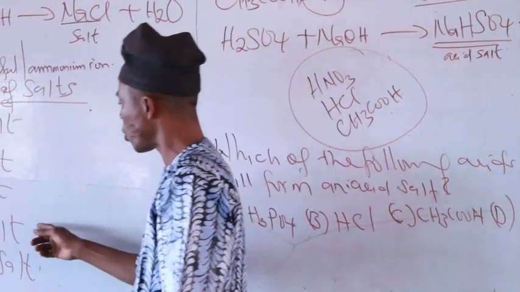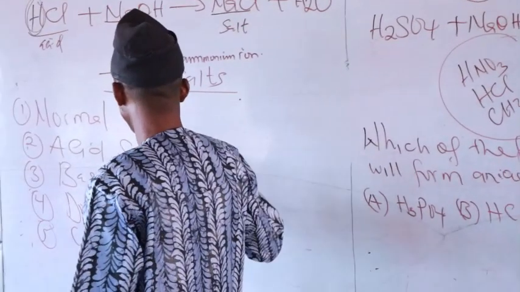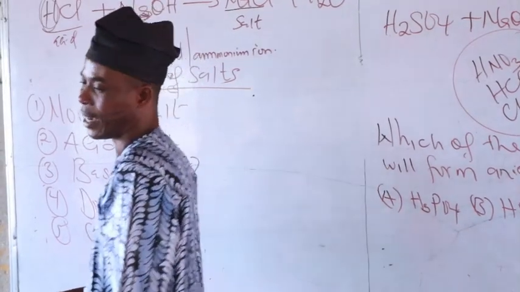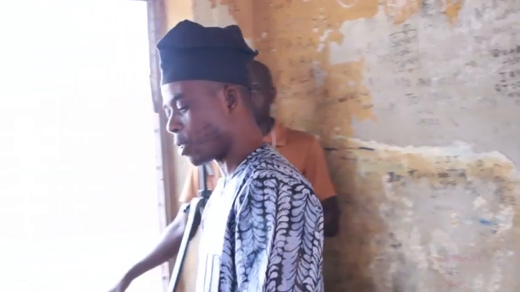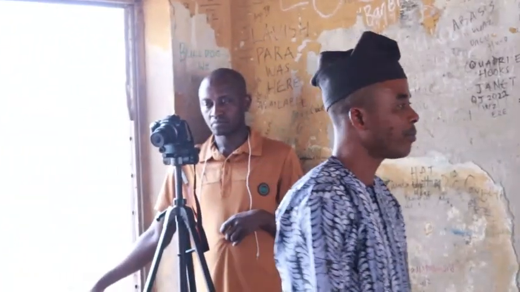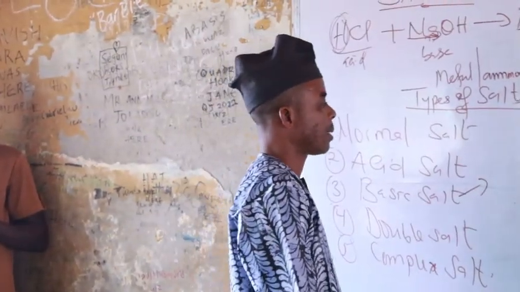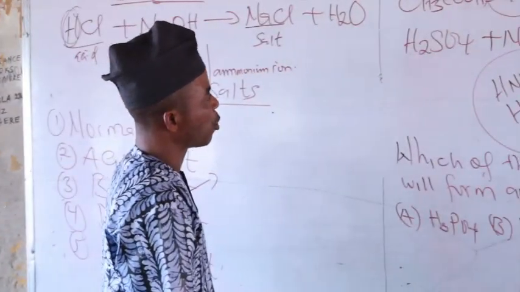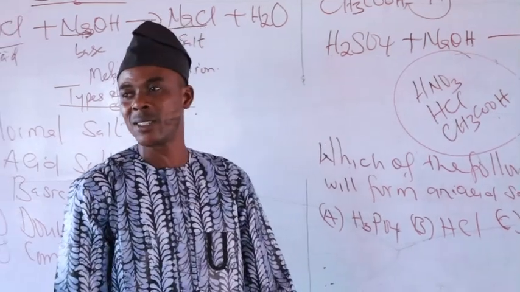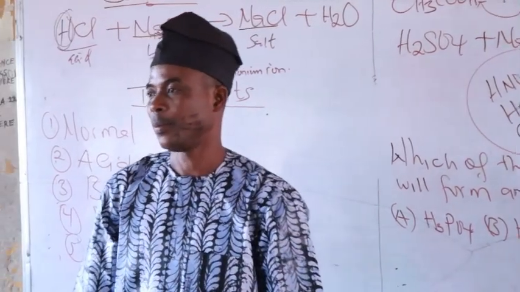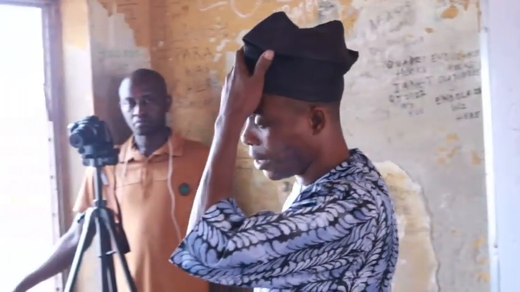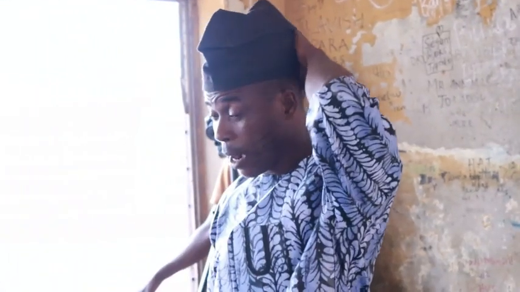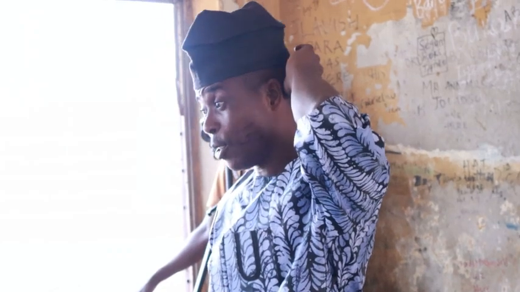So a basic salt is formed when there is insufficient acid to neutralize the base.